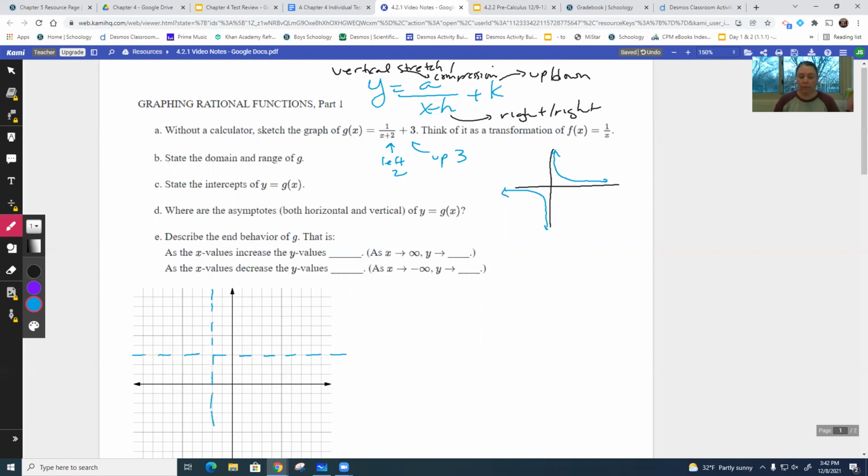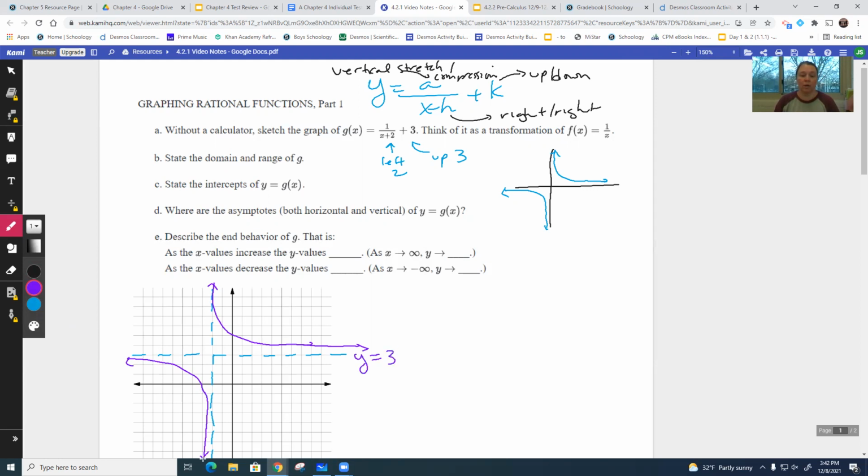We were asked a bunch of questions here to describe the graph, and one of them is, what are the asymptotes, both horizontal and vertical? Our graph is going to have this shape, in my new first and third quadrants. It's leveling off at that horizontal line, y equals 3.